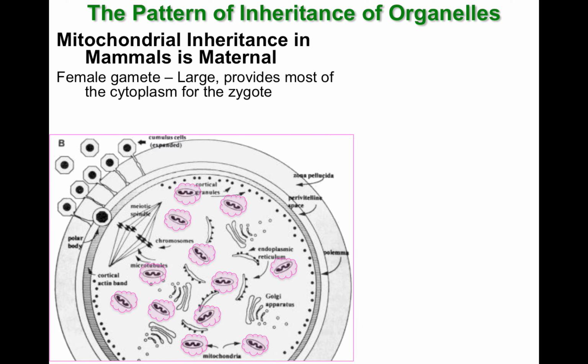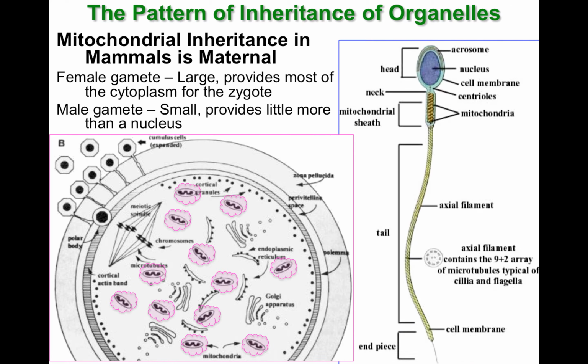So in mammals, the female gamete is very large, which provides most of the cytoplasm for the zygote. The male gamete, on the other hand, is quite small and provides little more than a nucleus. So here's a diagram of a sperm.